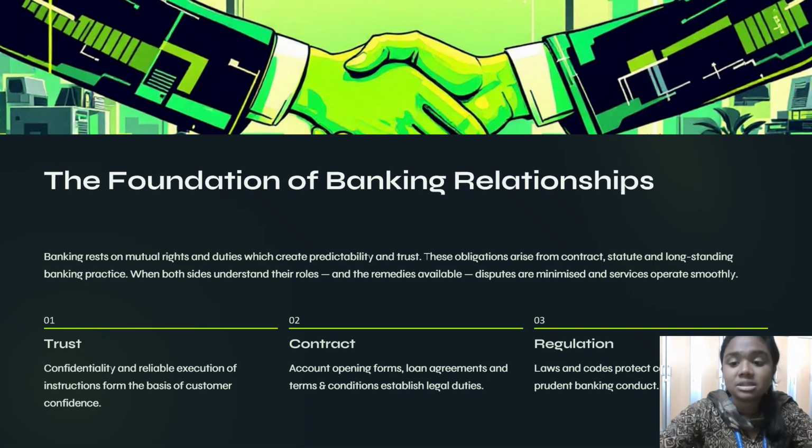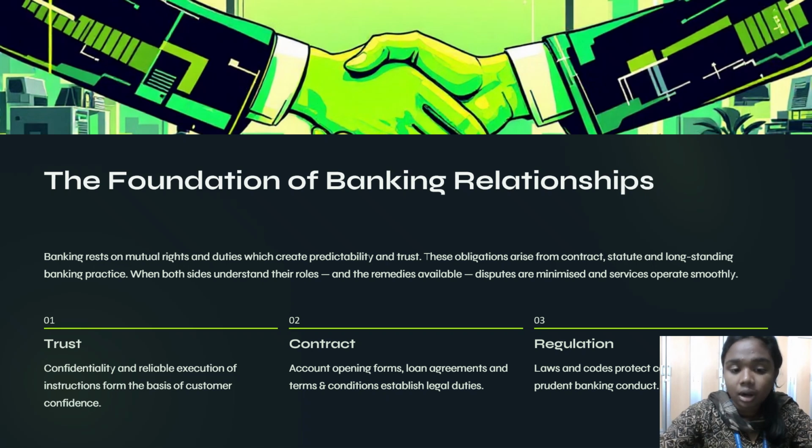The first one is trust. Trust means that if a customer deposits any cash amount or anything, the bank should be responsible, and they should maintain trust and confidence with the customer.